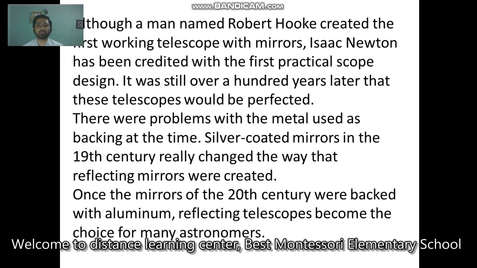In the first stages there were problems with the metals used in the reflecting telescope, and finally in the 19th century the problem was solved by using a silver coated mirror, and a century later, in the 20th century, again with aluminum. Finally astronomers made the reflecting telescope their first choice over the refracting telescope, to solve the problems they were having with the refracting telescope.